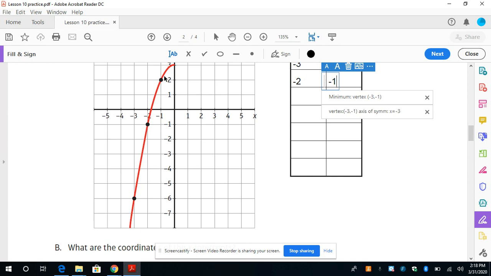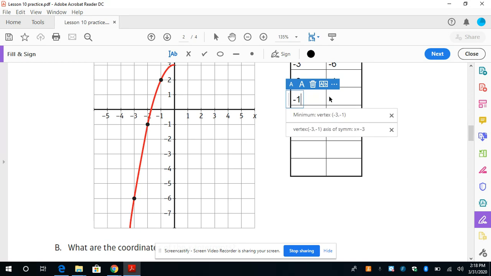And I have -1, 2. Now, if you look, we're not seeing a lot of points here. We're only seeing the 3.